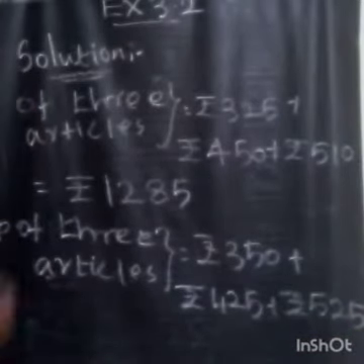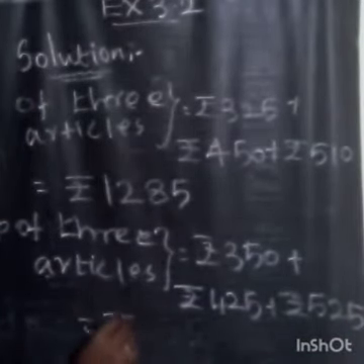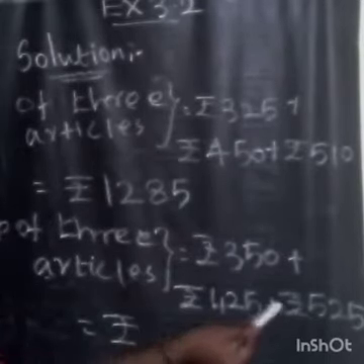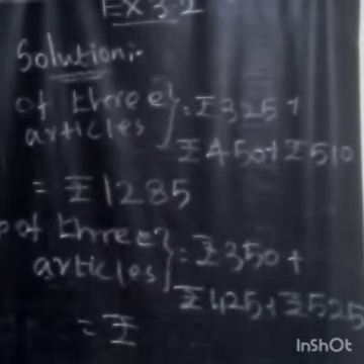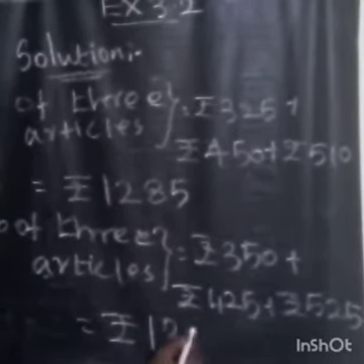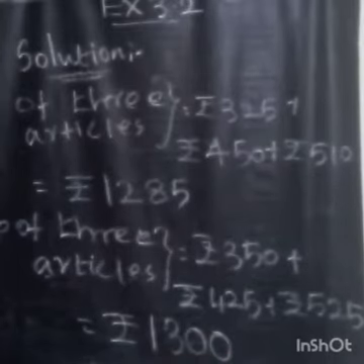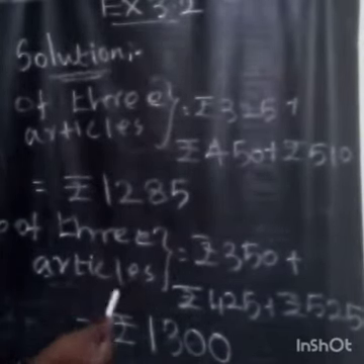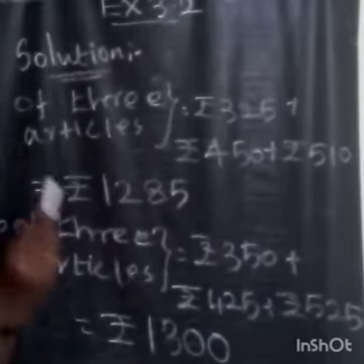Adding all these values, 350 plus 425 plus 525, we get 1300. So the selling price of 3 articles is rupees 1300.